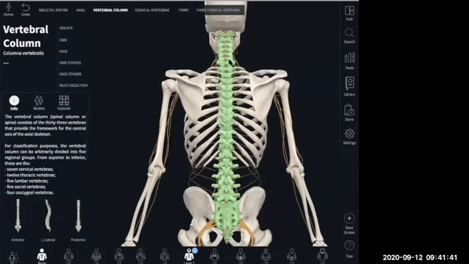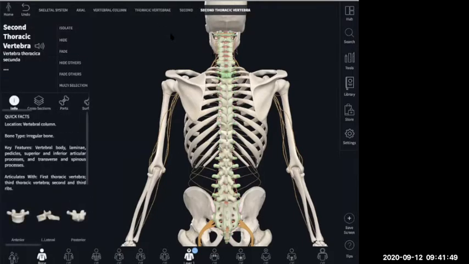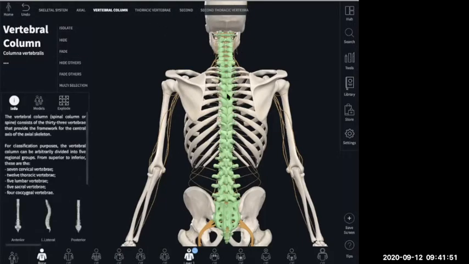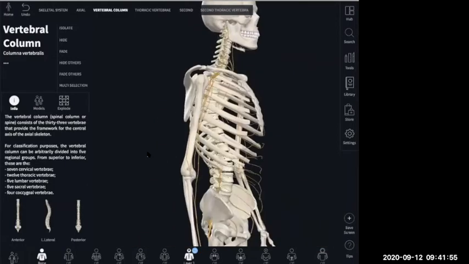And then your vertebral column, which will consist of 5 different regions with various individual vertebrae within that vertebral column over here, which we'll go over.